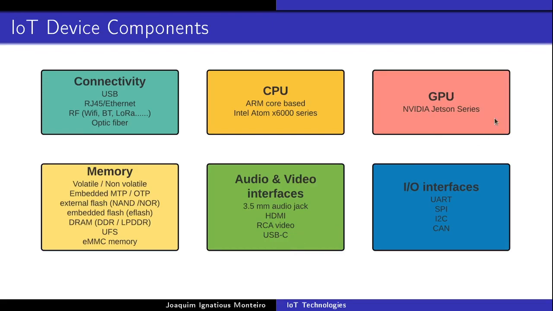Then GPU, say a graphics processing unit. You will come across the NVIDIA Jetson series where we are talking about automated cars, self-driving cars, or video processing applications which are done on the device itself. You need computing power. You are talking about deep learning, all those things.